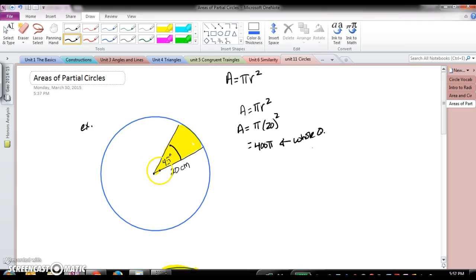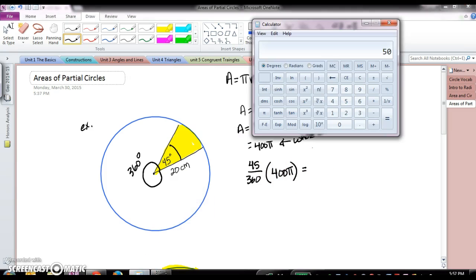All right, so to do that, I have to recall that all the way around the circle is 360 degrees. Which would be great if I wanted the area of the whole circle, but I don't want the whole area. I only want 45 out of 360 degrees of the whole circle.